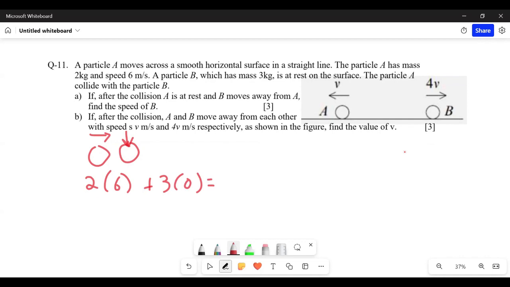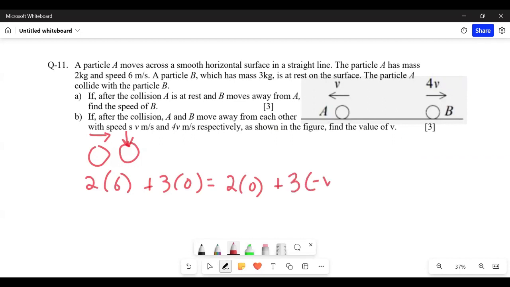Particle A collides with particle B. If after collision A is at rest, now A comes to rest, so 2 times 0, and B moves away from A, find the speed of B. Okay, B moves in the opposite direction, so its velocity should be negative.